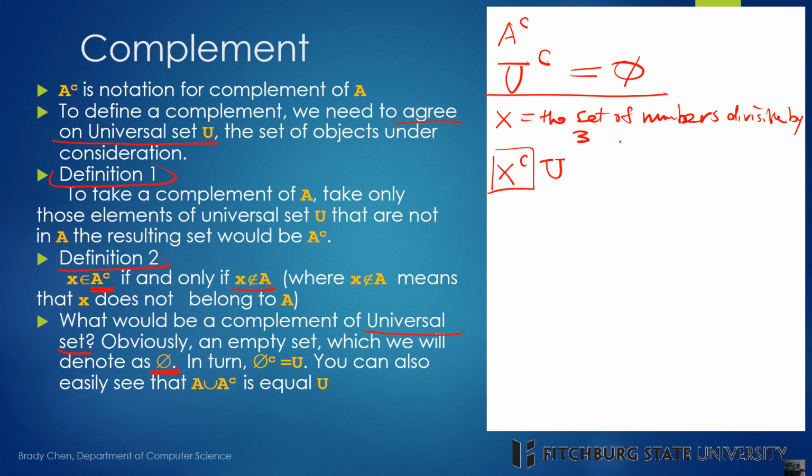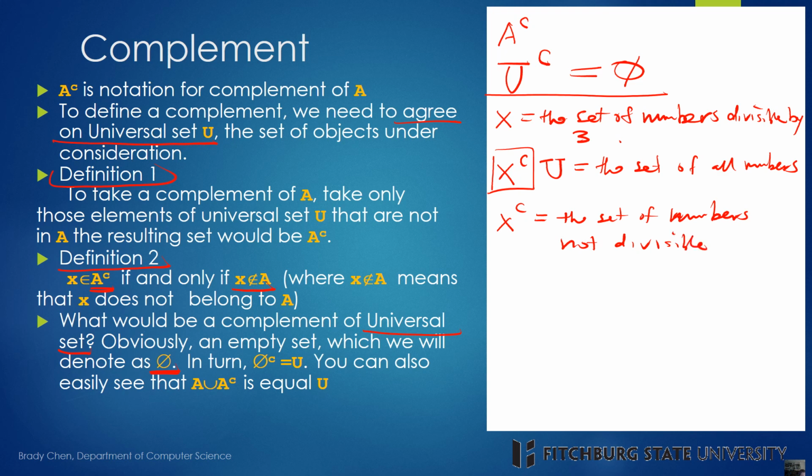Logically, we can assume the universal set is the set of all numbers, or whole numbers. Then the complement basically is the set of all numbers not divisible by 3. As long as they're not divisible by 3, that's the complement.